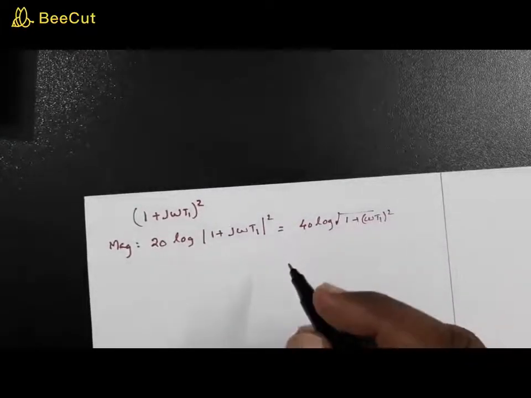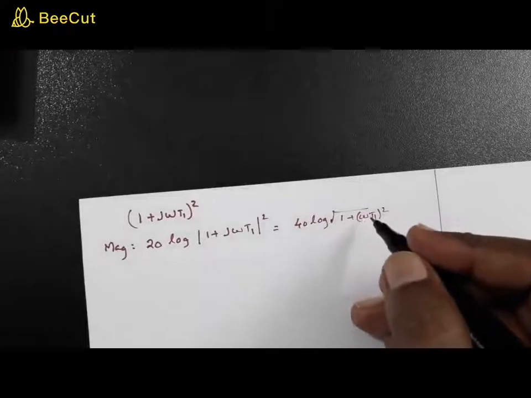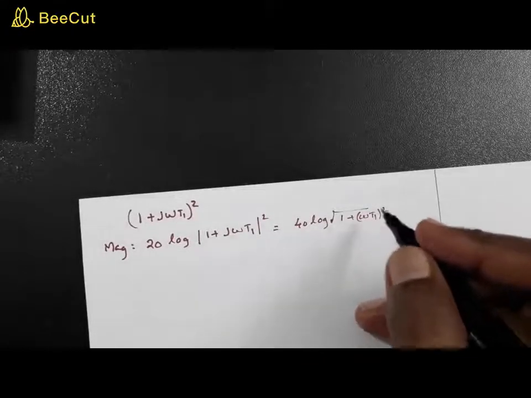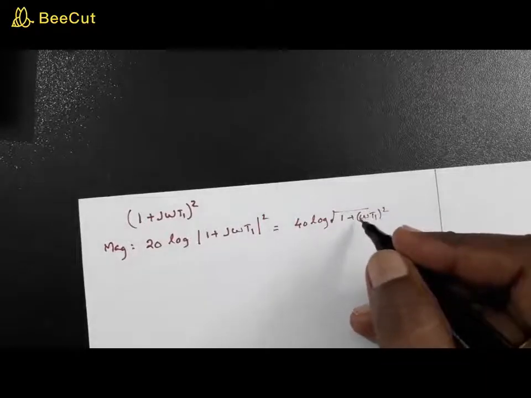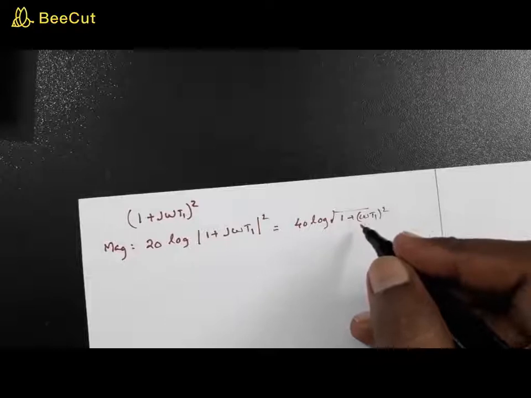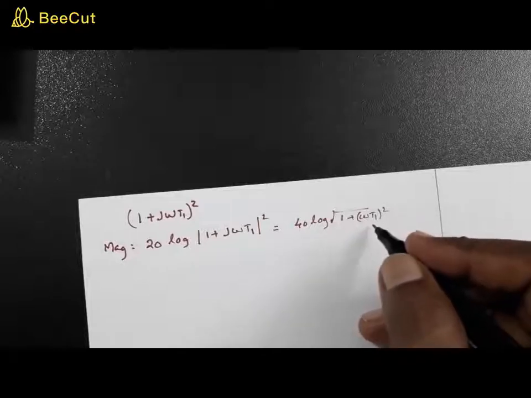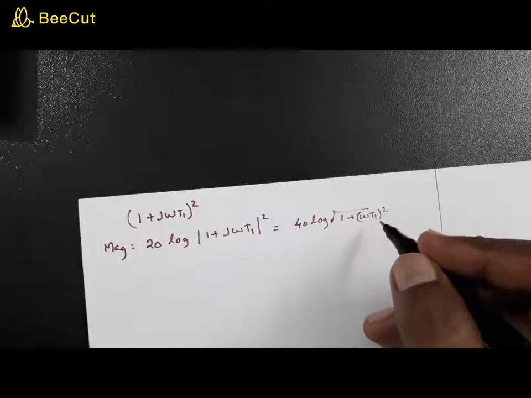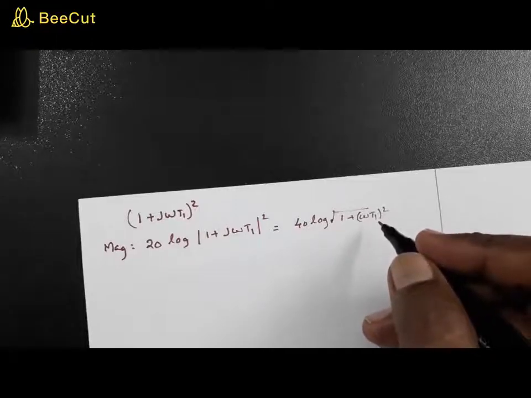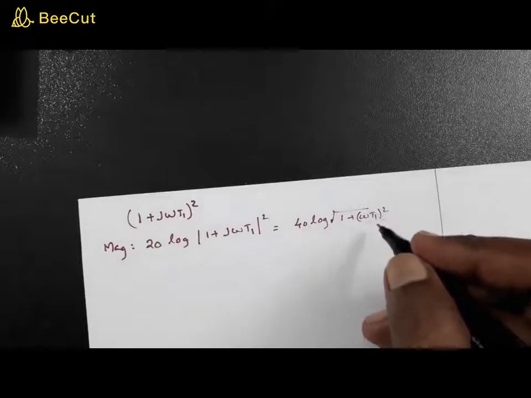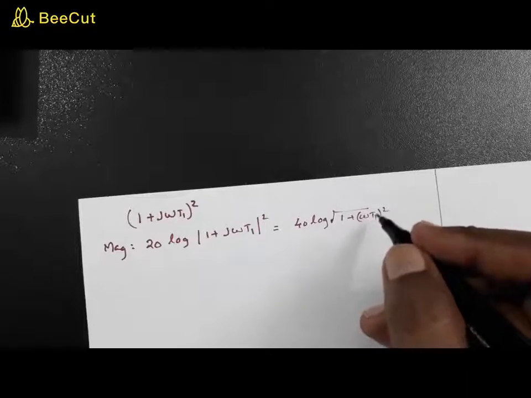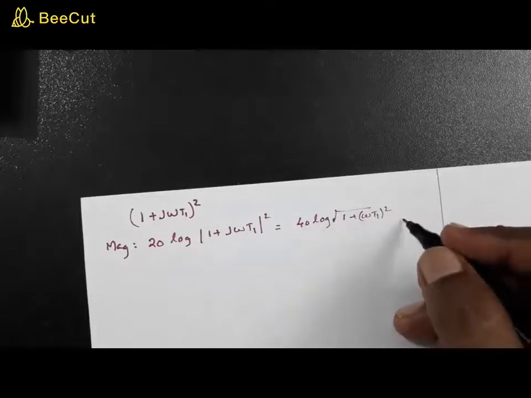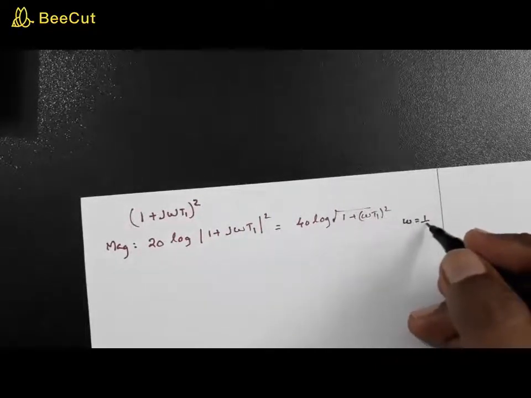What we want to see is the effect on the magnitude when omega is closer to the corner frequency, that is, when omega t1 is closer to unity, at omega equal to 1 by t1.